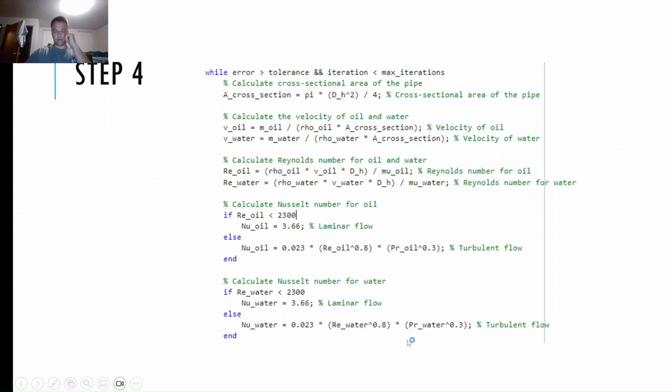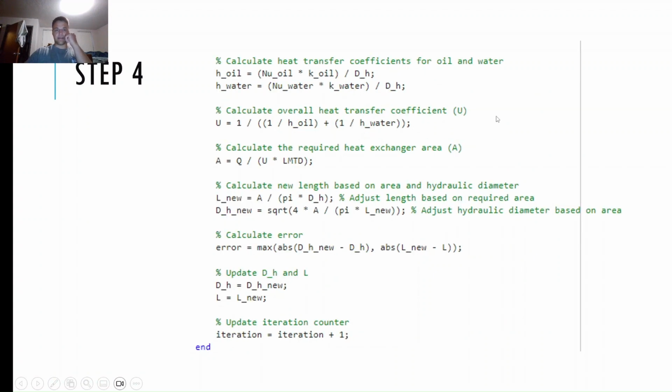I did the same thing for the water. Once I had that, I would solve for the H of the oil and the H of the water. Using that, I would calculate the total heat transfer coefficient, U, and then calculate the exact area we would need.